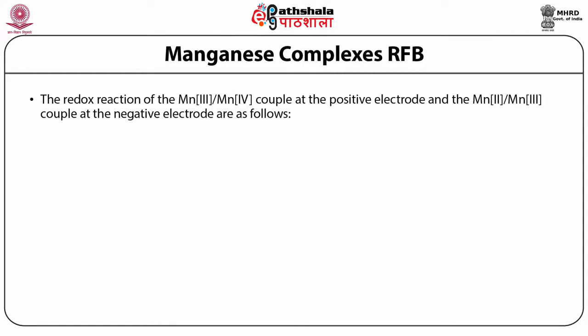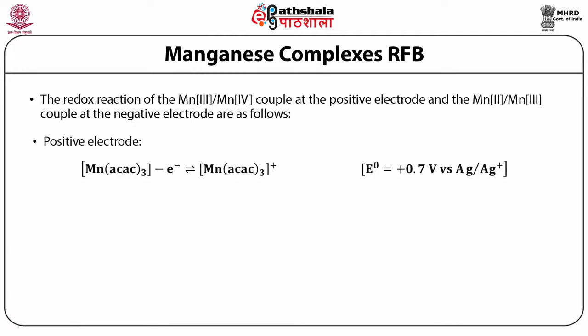The redox reaction of the Mn3+/Mn4+ couple at the positive electrode and the Mn2+/Mn3+ couple at the negative electrode are as follows. At positive electrode, Mn(acac)3 minus an electron gives Mn(acac)3+ with E naught equal to 0.7 volts versus Ag+.